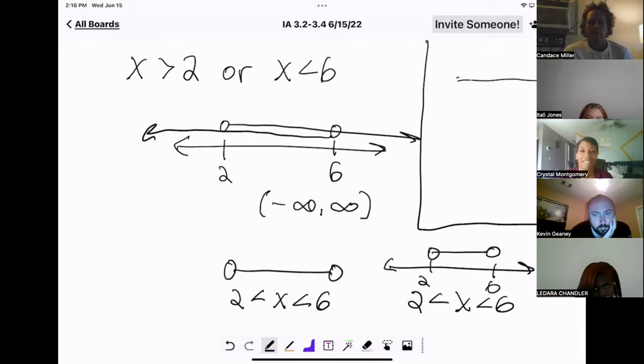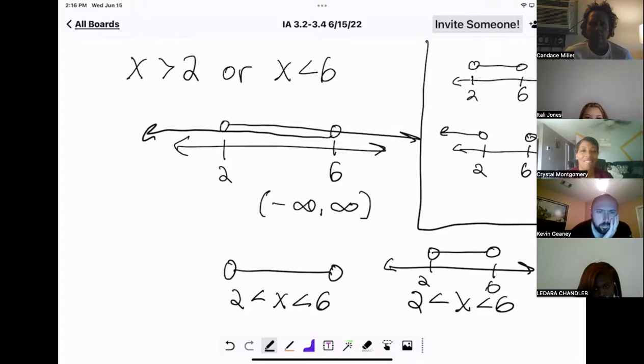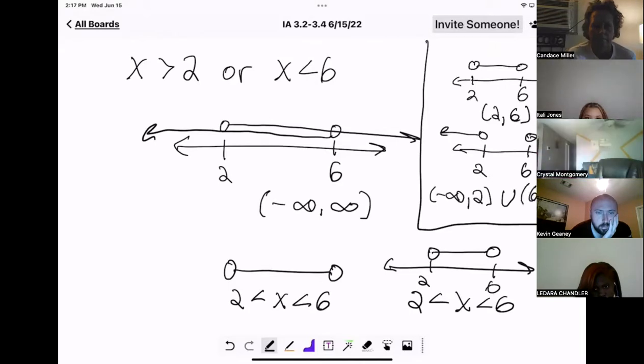Let's say I have the one I just did, 2 to 6, and I have one that goes like this. Okay, so the interval notation would be 2 to 6 with parentheses, everything in between. This one would be negative infinity to 2, union, because there's 2 parts, parentheses 6 to infinity.